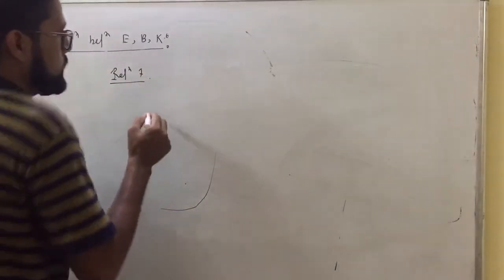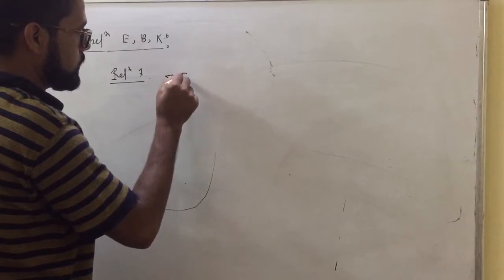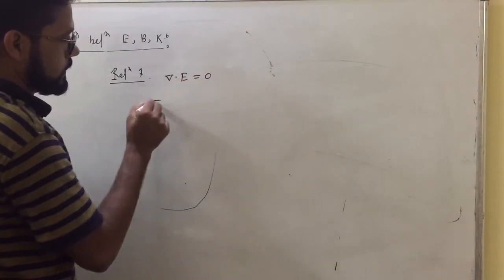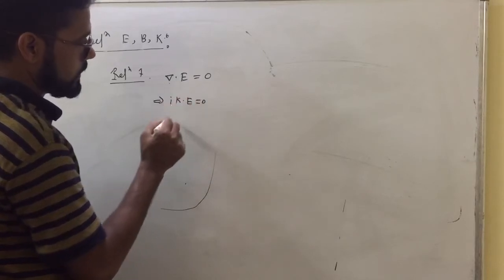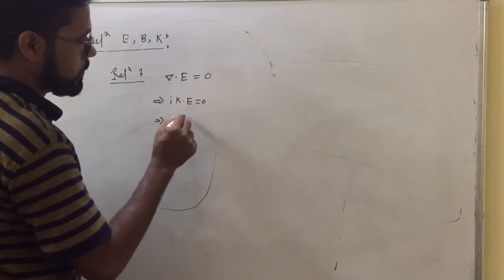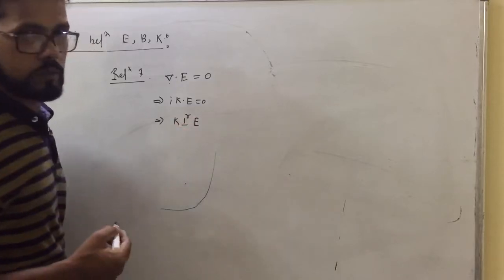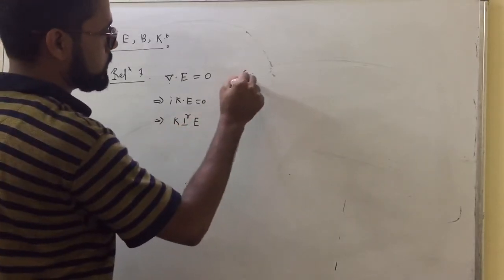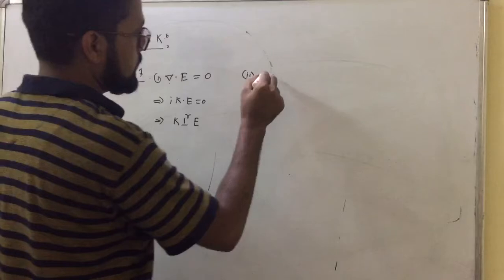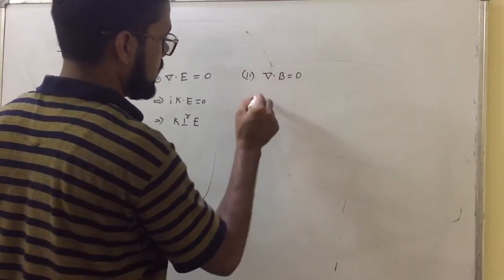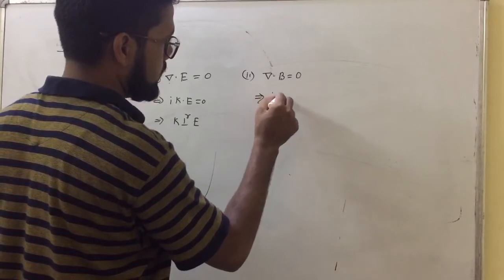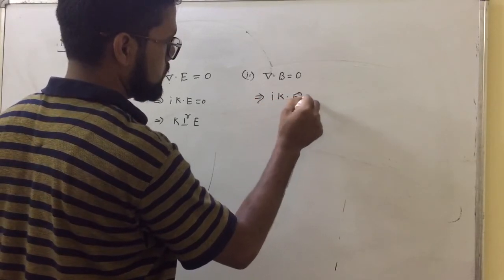From the Maxwell equation, divergence of E equals 0. See, del equals ik, so ik dot E equals 0. That means k is perpendicular to E. Similarly, the second equation, divergence of B equals 0, means ik dot B equals 0.